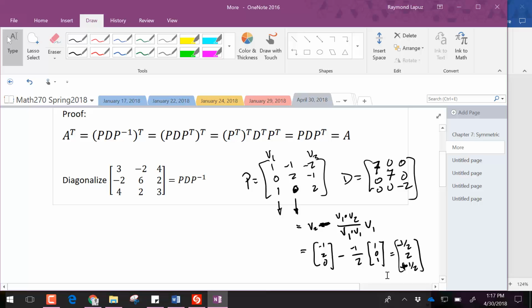Yeah. Because we want to create an orthogonal diagonalization so that instead of just regular P inverse, we have P transpose. Yes. Oh, yeah.